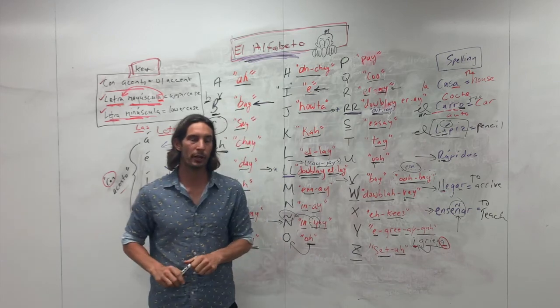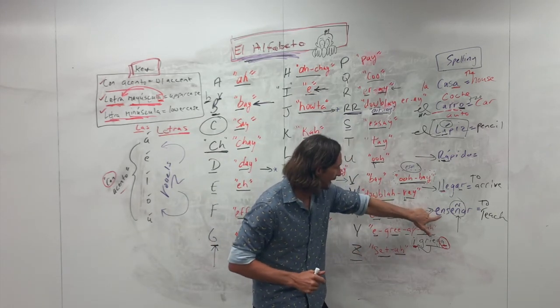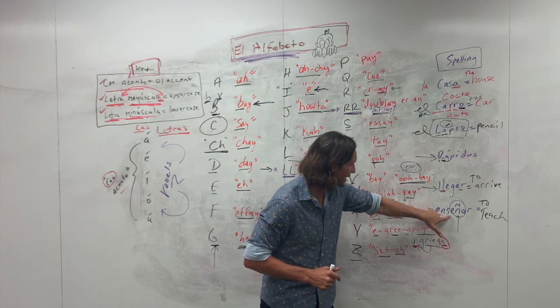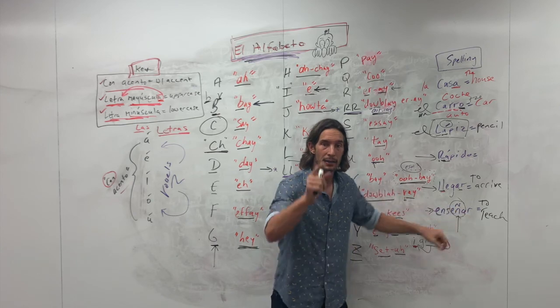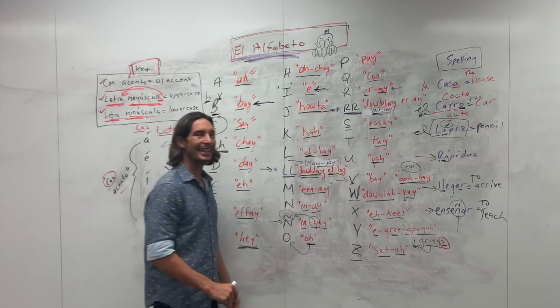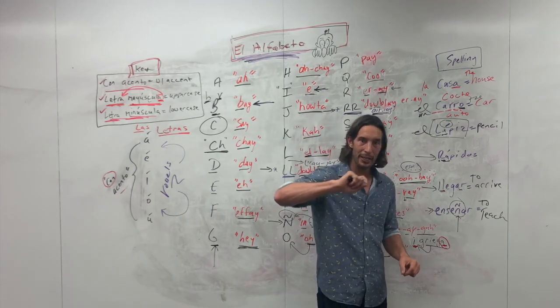Good. And so to conclude here, we've got E, N, S, E, ñ, A, R. And again, that's enseñar, not enseñar. Notice that sound there.